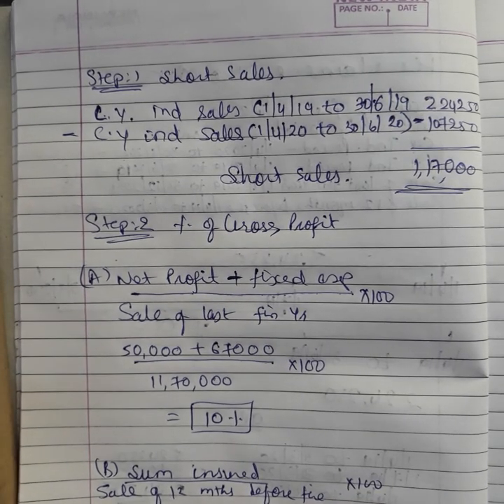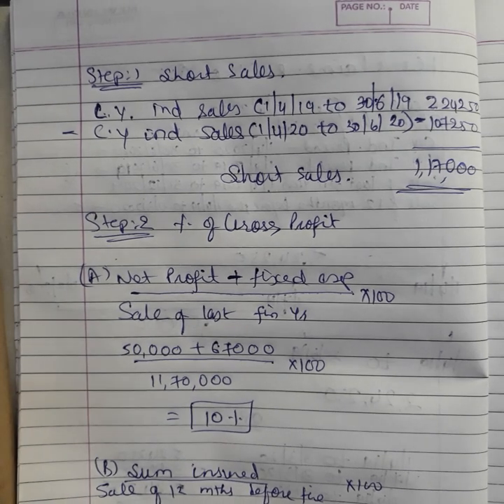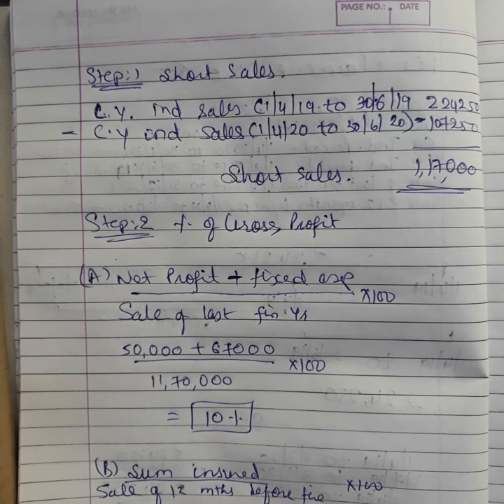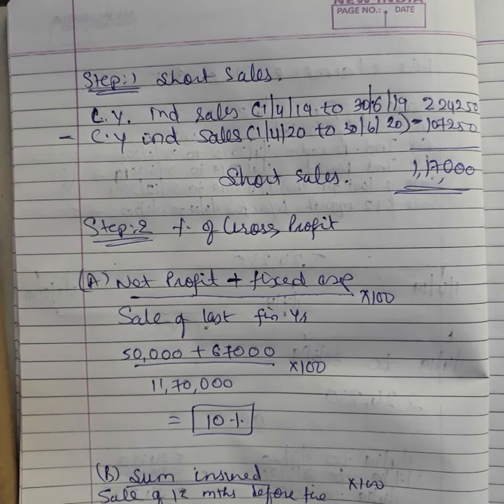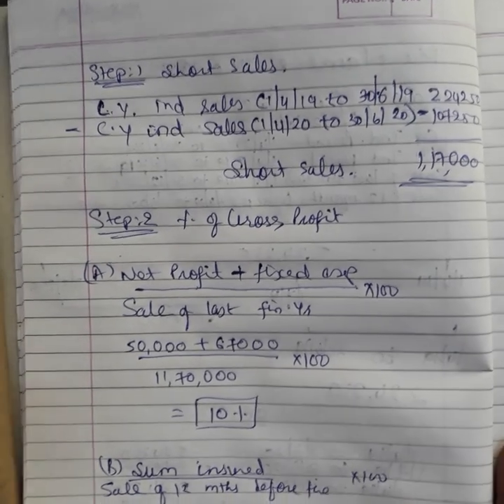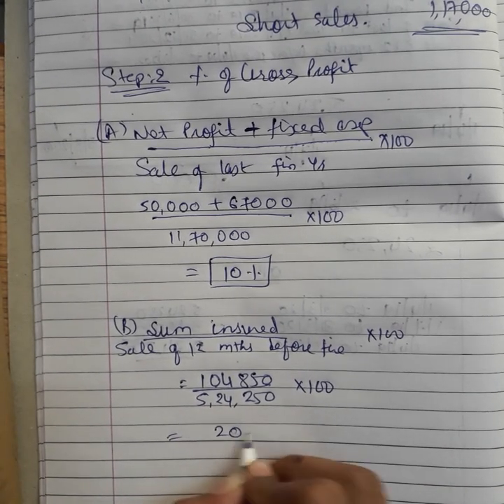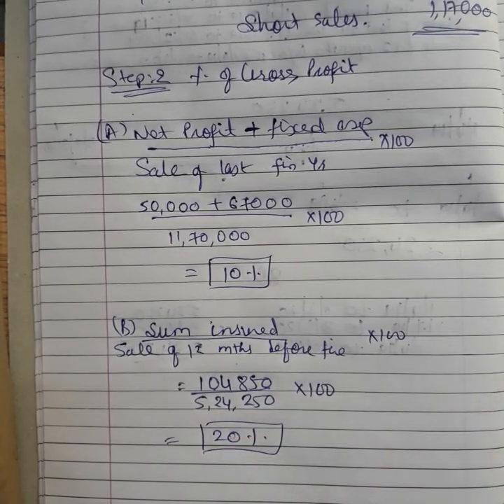So sum insured is 1,04,850 divided by 524,250, which is already given in the example, both these things. So percentage is 20%.